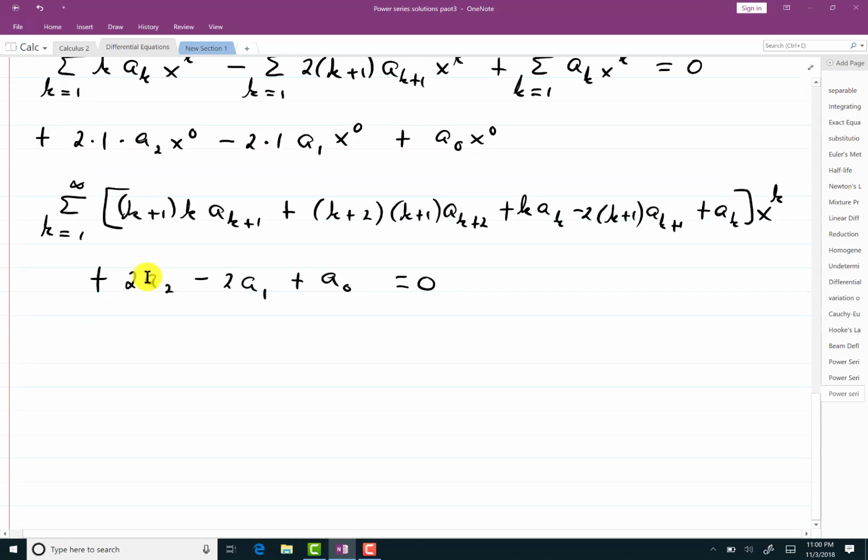Now the way you always work these is you collect everything in front of x to the k, and then inside of here we collect as best we can. I look for some like terms. For example, I see an a sub k plus 1 here, and I see an a sub k plus 1 over here. And notice they even have a k plus 1 in common.